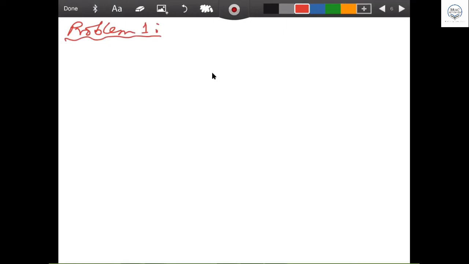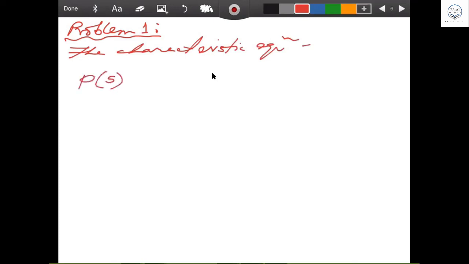So let's say the characteristic equation is given here. Normally we can write Q(S) or P(S) equal to something.